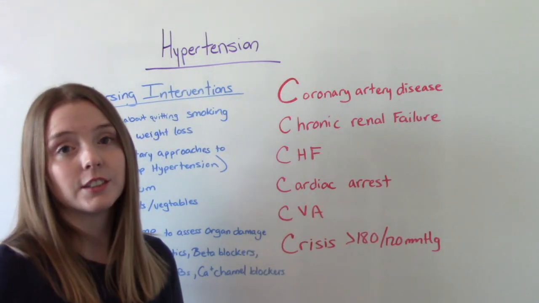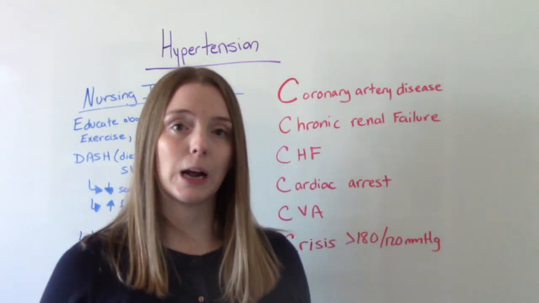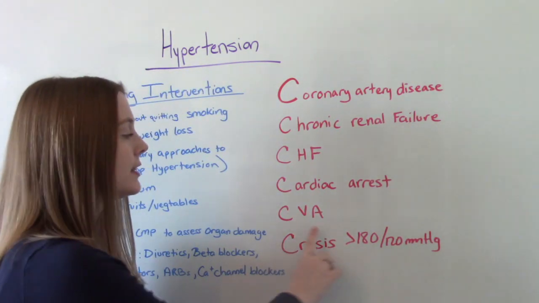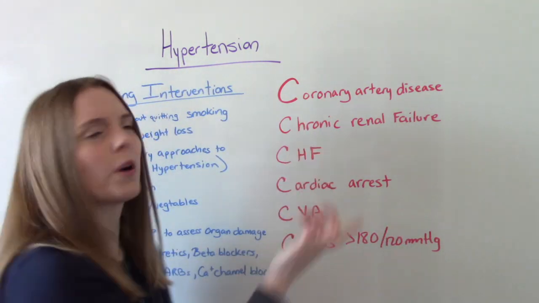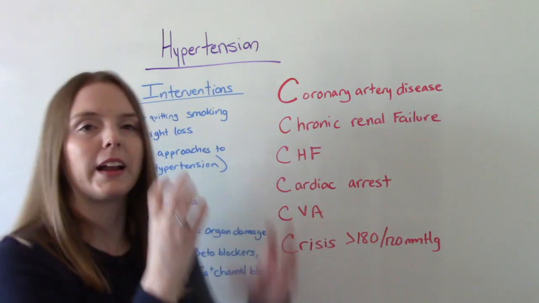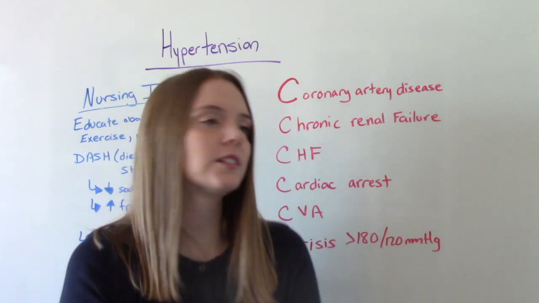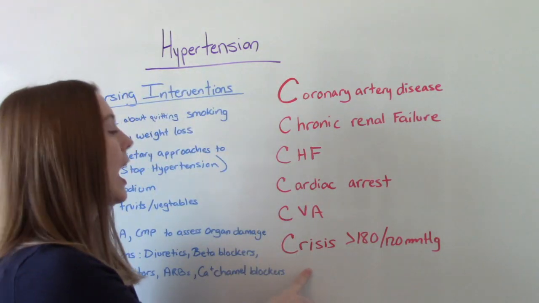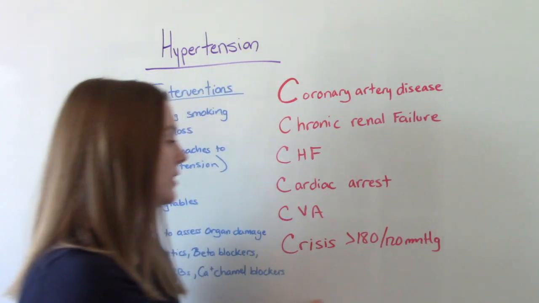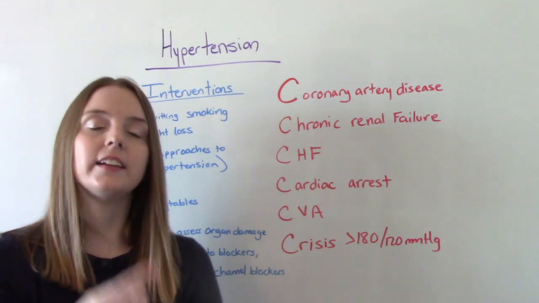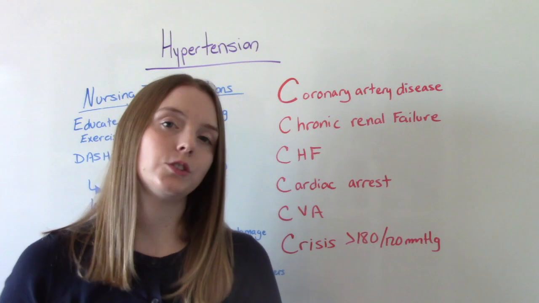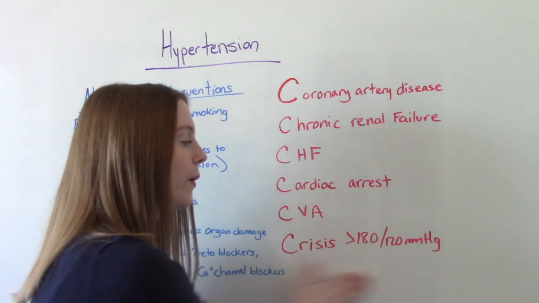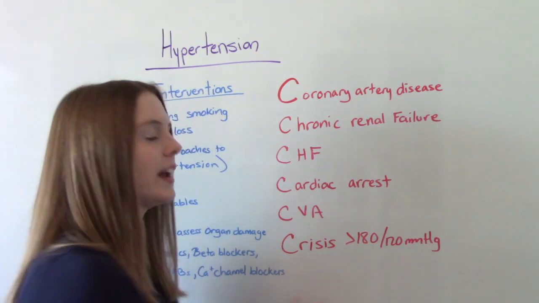Cardiac arrest, so like a heart attack, your heart stops working. A CVA, so a stroke, again related to coronary artery disease, the narrowing and thickening of the vessels. And then hypertensive crisis. A hypertensive crisis is defined as having a blood pressure greater than 180 over 120. So this is a medical emergency and needs to be taken care of right away.